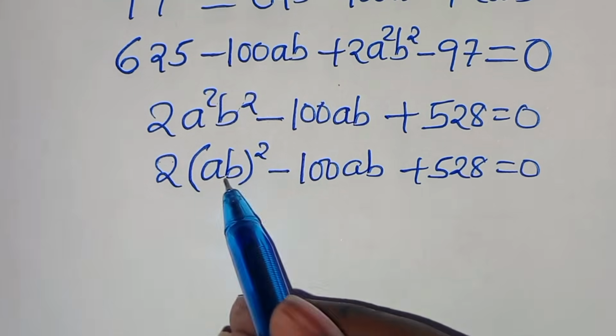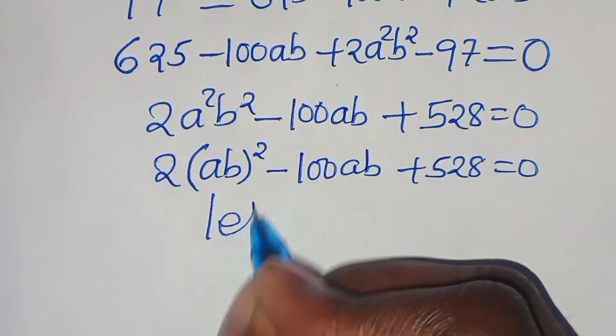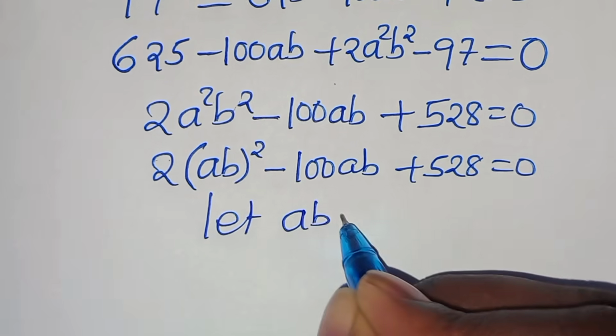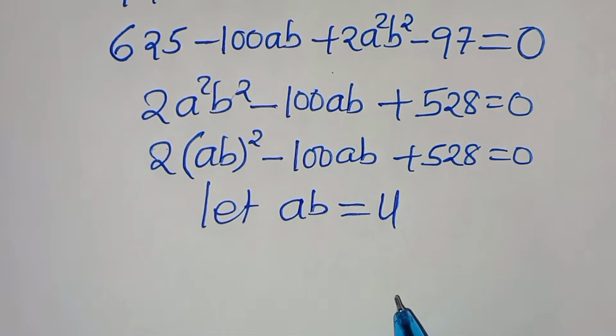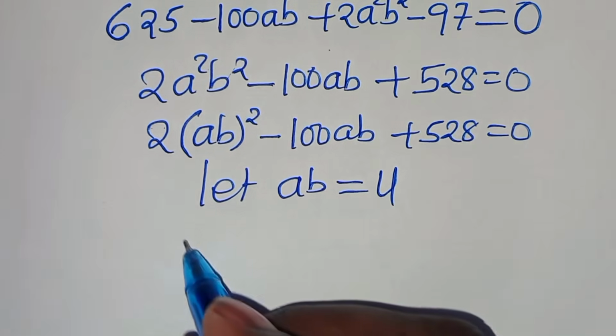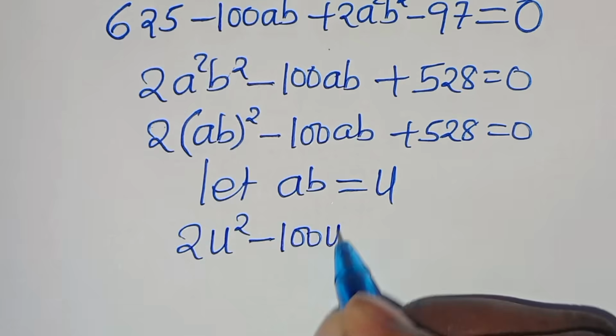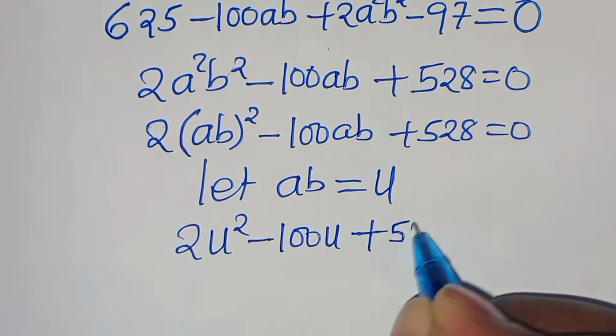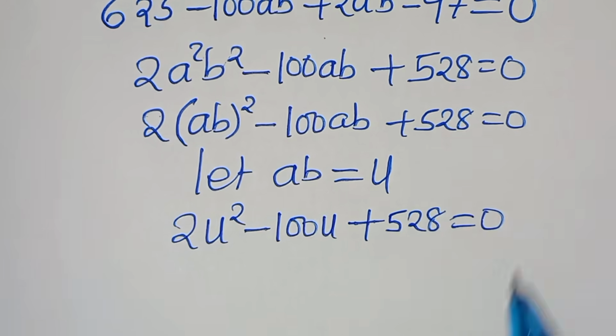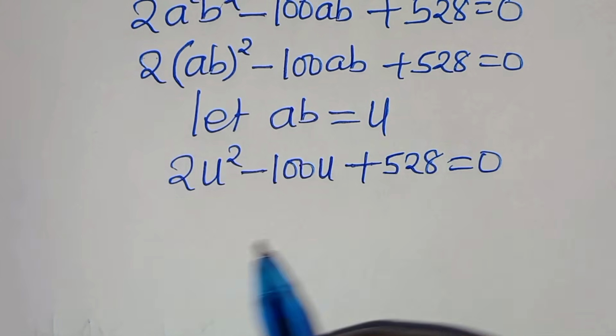Now we have that ab is common here. We can let a times b be equal to u. Substituting u, we have 2u squared minus 100u plus 528 equal to 0. So this is a quadratic equation.